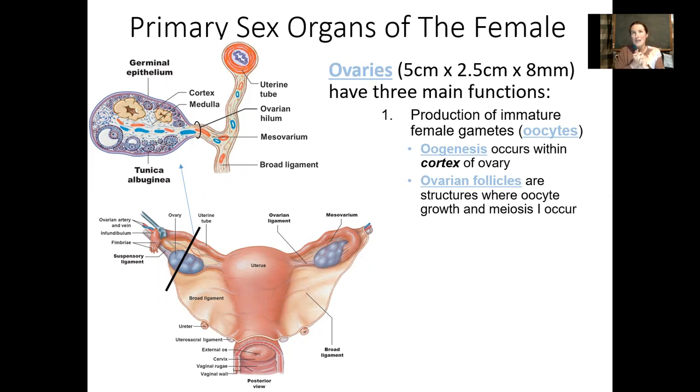Furthermore, the process of oogenesis in females is, as you might imagine, substantially more complicated than developing sperm in the male. It's not just the process of meiosis that happens over a few weeks' time. Instead, this process actually begins before you're even born. All right, we'll get into that here in just a moment. But also, each and every one of these cells is surrounded by something called a follicle.